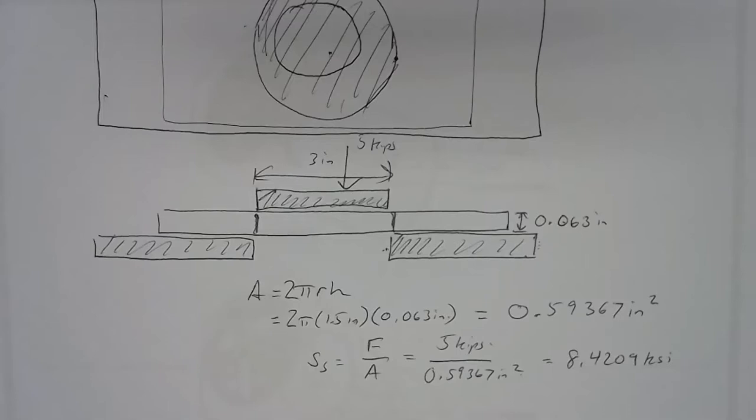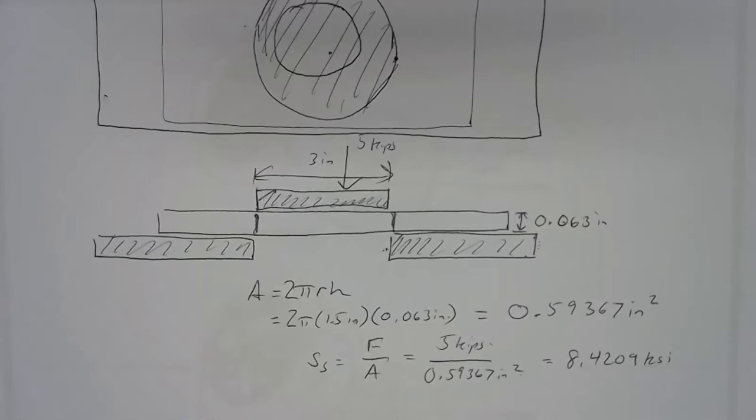So that 5,000 pounds may not be enough. Because in this case, unlike the case with the pin where we wanted to make sure our stress was not above the shear stress of the material, the ultimate stress of the material in shear, here we're trying to break it.